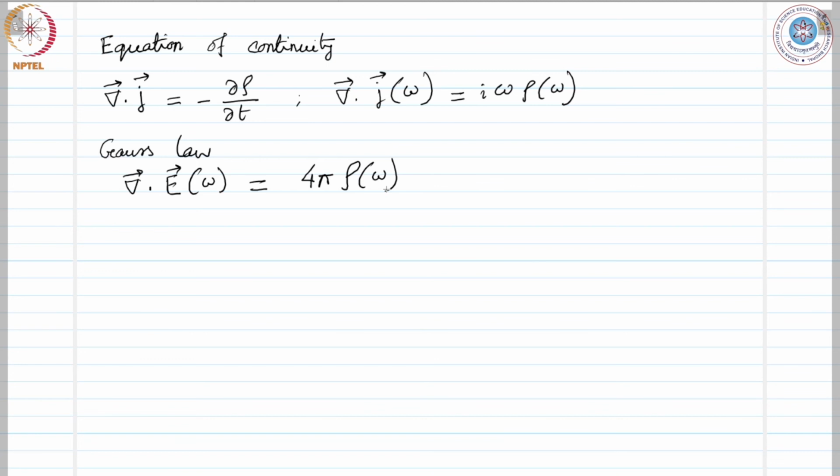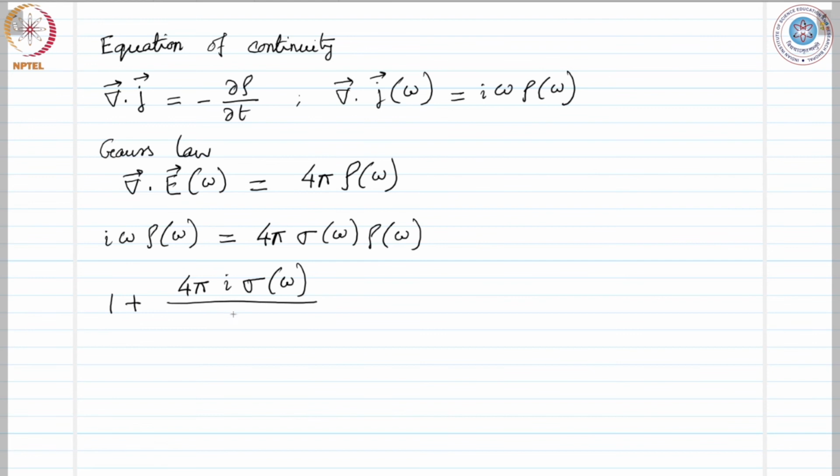Now, comparing these two equations, we find that i omega rho omega equals 4 pi sigma as a function of omega times rho as a function of omega, and this equation will have a solution provided we have 1 plus 4 pi i sigma over omega going to 0.